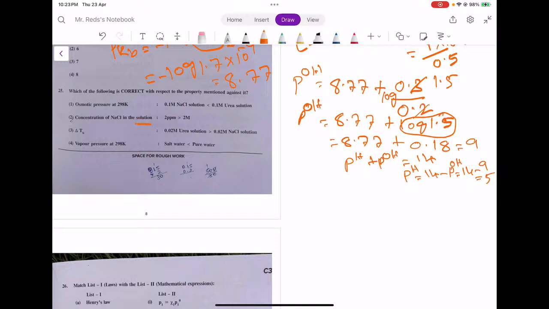Osmotic pressure at 298 Kelvin, 0.1 molar NaCl solution less than 0.1 molar urea solution. Here NaCl solution osmotic pressure is more than urea because the number of particles is more.